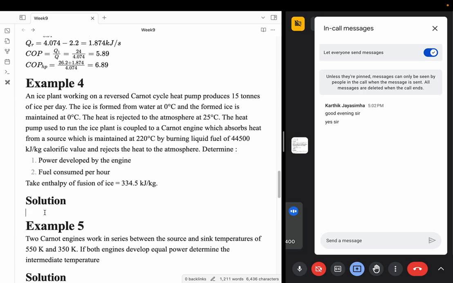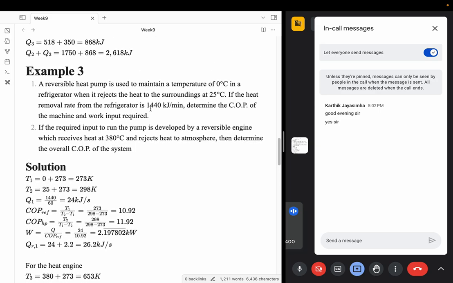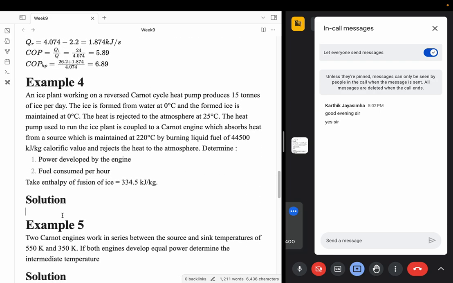Okay, what is the desired objective here? In the previous case, my desired objective was the removal rate of the refrigerator. So what is the desired objective here? The desired objective is to maintain the ice at the temperature of 0 degrees Celsius. So what is the amount of heat that is required to be removed from the space so that ice will always be maintained at that temperature?